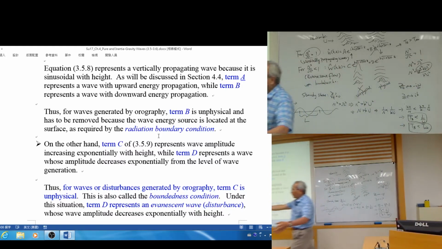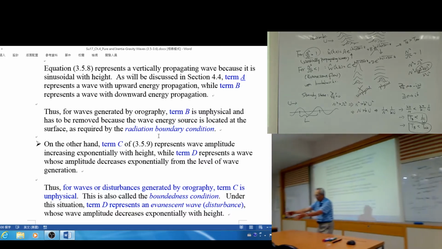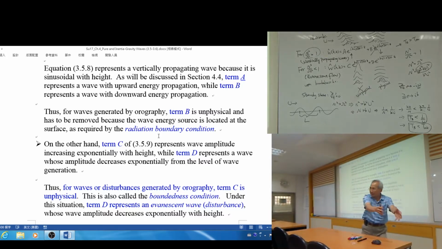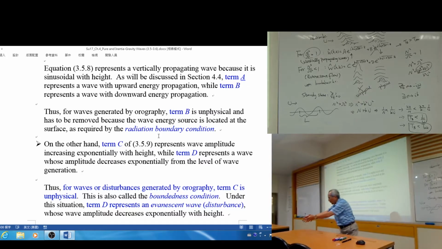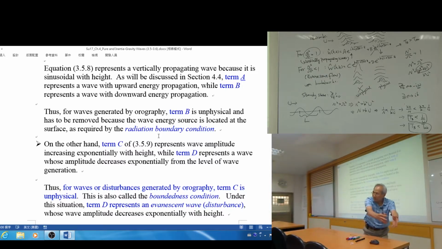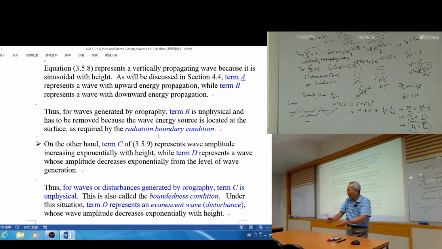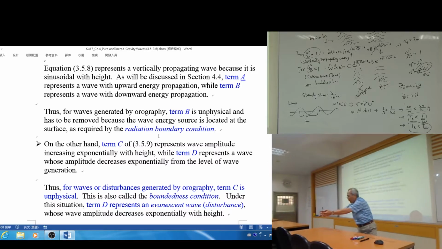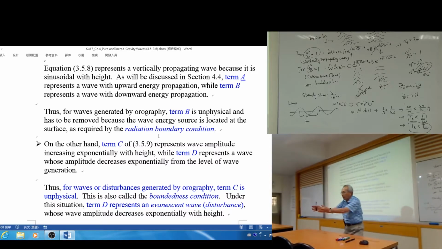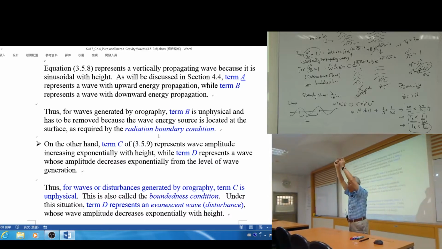So flow going slowly, passing over the mountain, takes a longer time to pass over. So when the air parcel tries to pass over the sinusoidal mountain, it has time to do vertical acceleration, and you get energy propagating up or down.